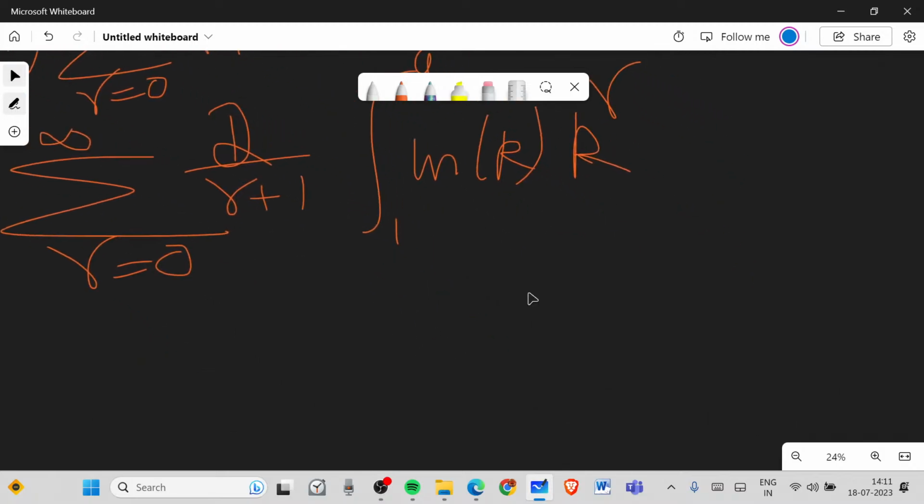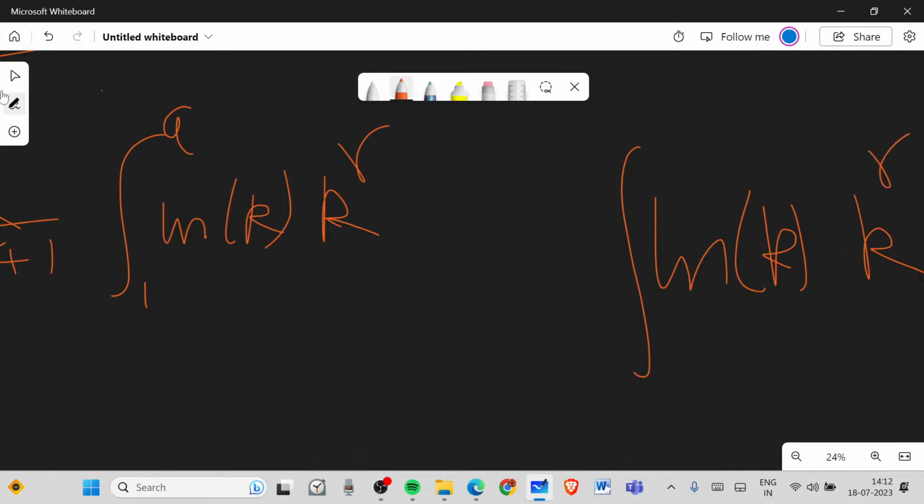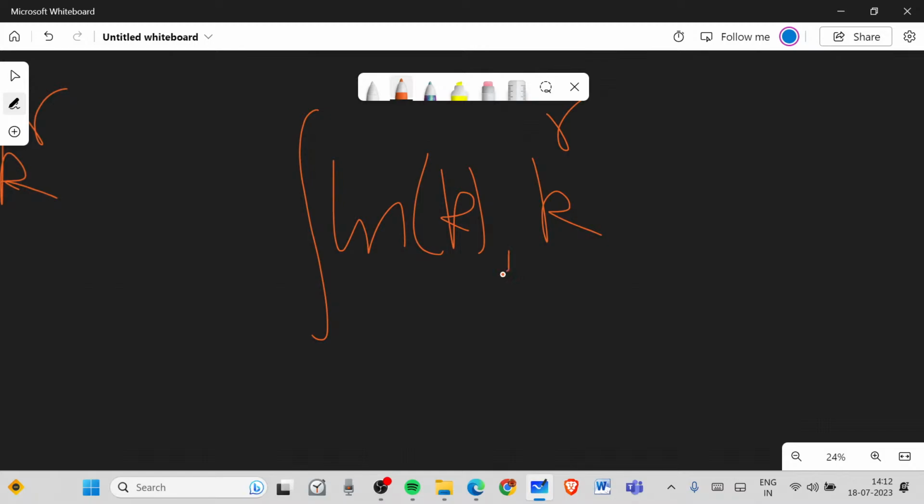ln k to the power r, and now we would integrate this. To integrate it we would be using by parts. For by parts, this will be the function we will be differentiating, this is the function we would be integrating.